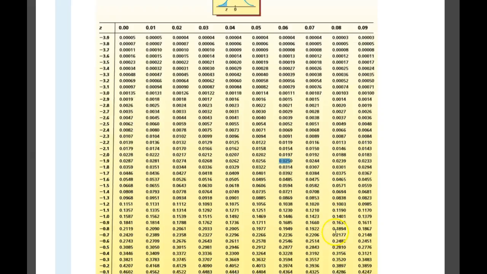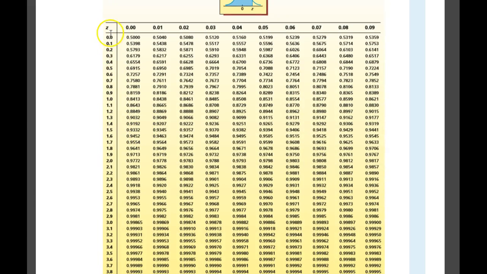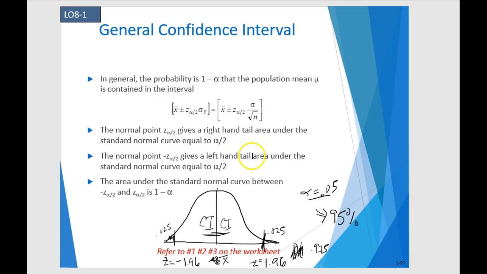So we go over to the positive side and check 1.96. Boom. We have 0.9750 exactly, so it's perfectly on there. 1.96 is our positive Z. That's how we find that Z value in our confidence interval formula.